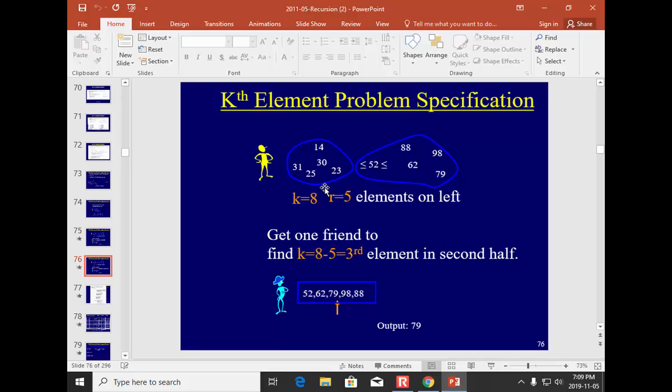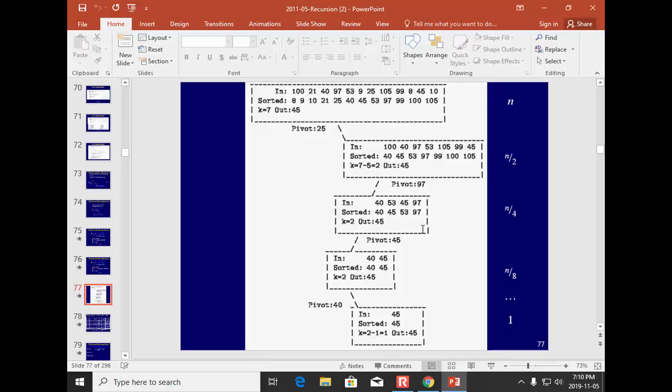But if there are 5 elements on this side and we're looking for the 8th, then we need the third on the other side. Anyway, the point of this exercise is that you only have 1 friend instead of 2. So the running time, instead of being n log n, becomes only n. We have this geometric sum that adds up to n. People, good?